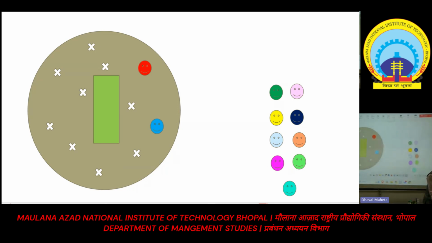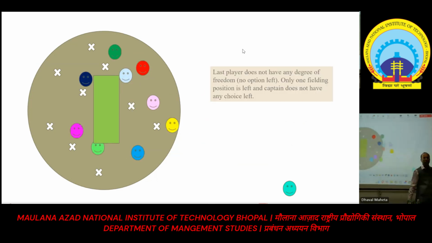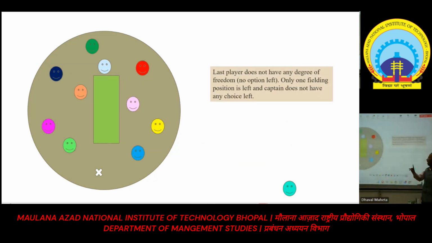Let's say that all the players are given the fielding position and only one is left out. How much freedom does this player have? There is no freedom. Now there is no choice. Compulsory, you have to go at this point.